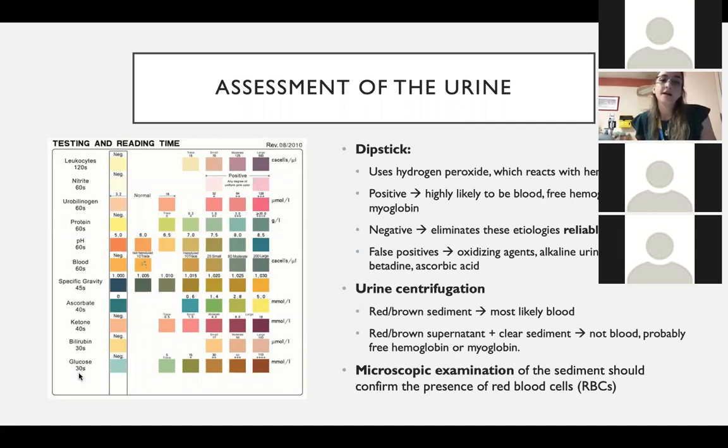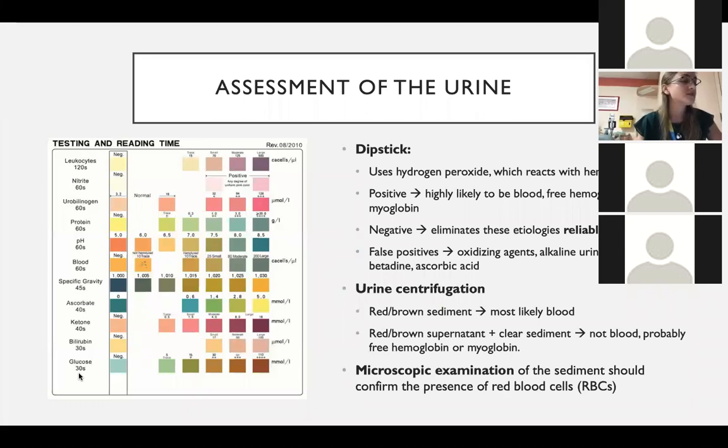First of all, the assessment of hematuria usually starts with the use of a dipstick. The dipstick uses hydrogen peroxide as a reactant, which means that it identifies heme, not only blood. This means that a positive dipstick for blood in urine is most likely due to blood, hemoglobin, or myoglobin in the urine.